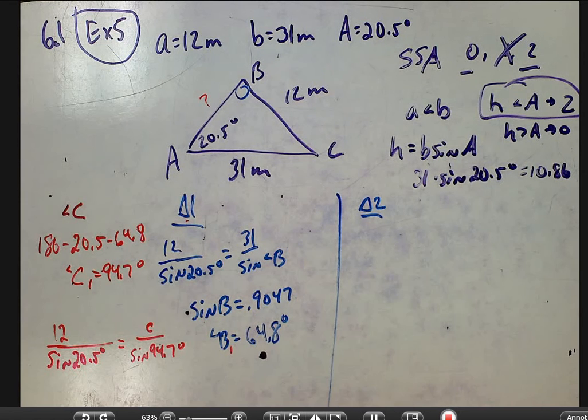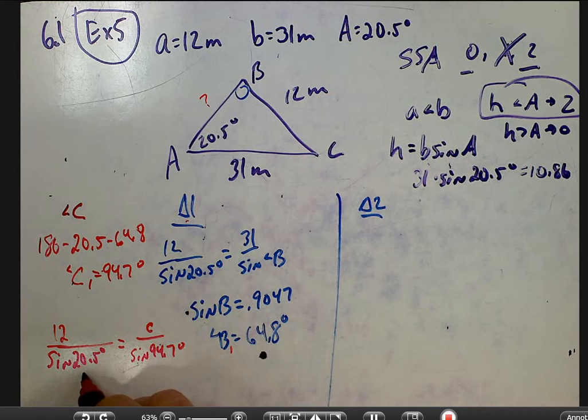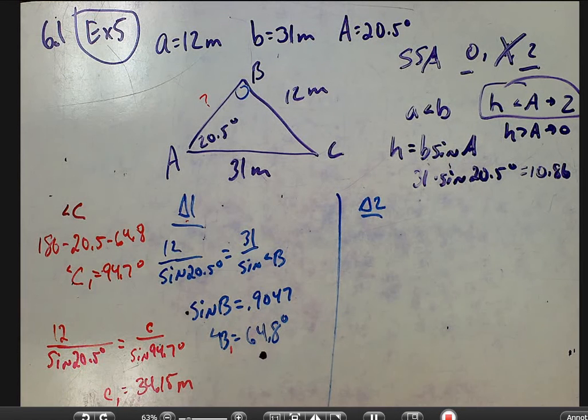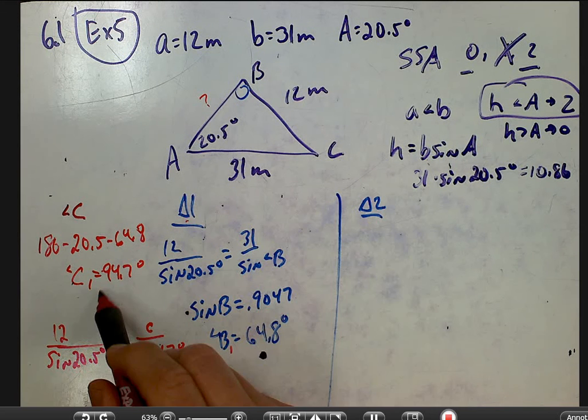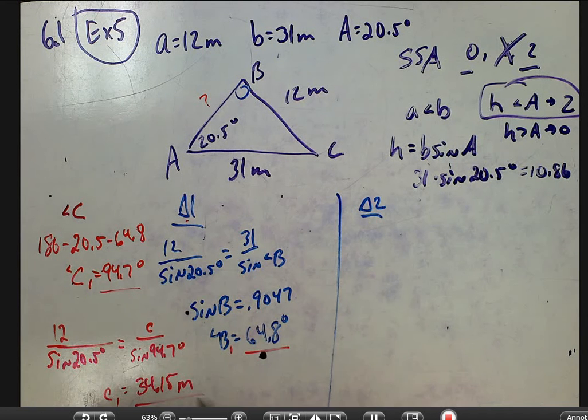So I take 12 times sine 94.7 degrees, divide by the sine of 20.5 degrees, and I get C1 to be 34.15 meters. And now I've solved the rest of this triangle. I'm given 2 sides and an angle. I've found the 2 angles and the third side, so now I've solved it for one of the possibilities.